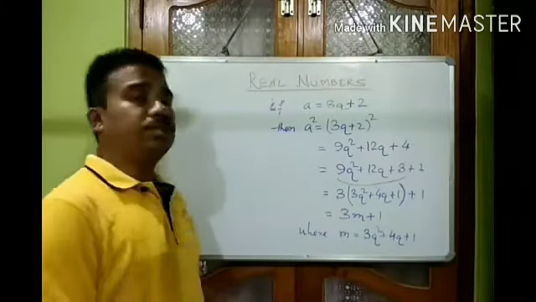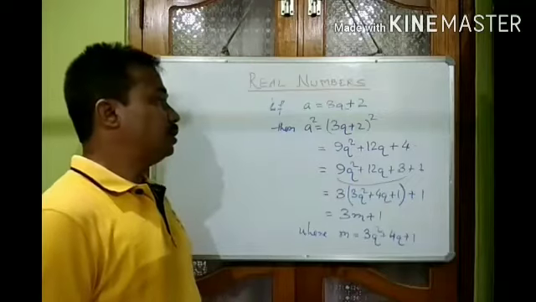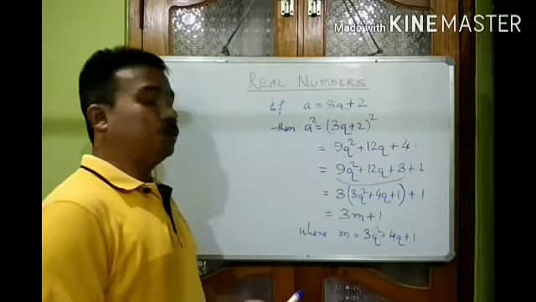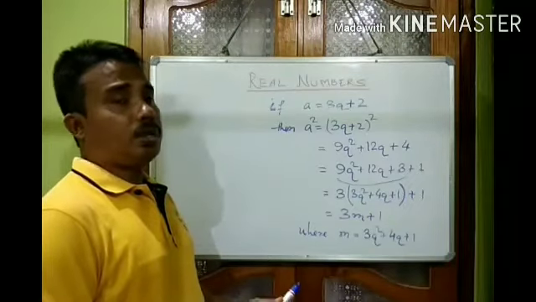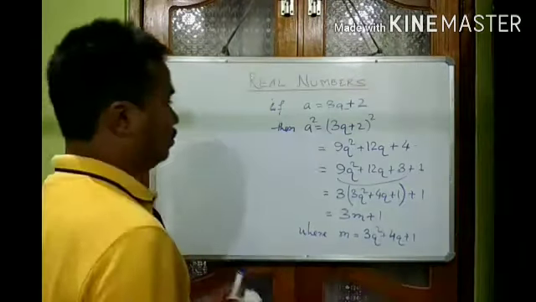So in all the three cases, we see that the square of the number is either of the form 3m or 3m plus 1. So hence it is true.